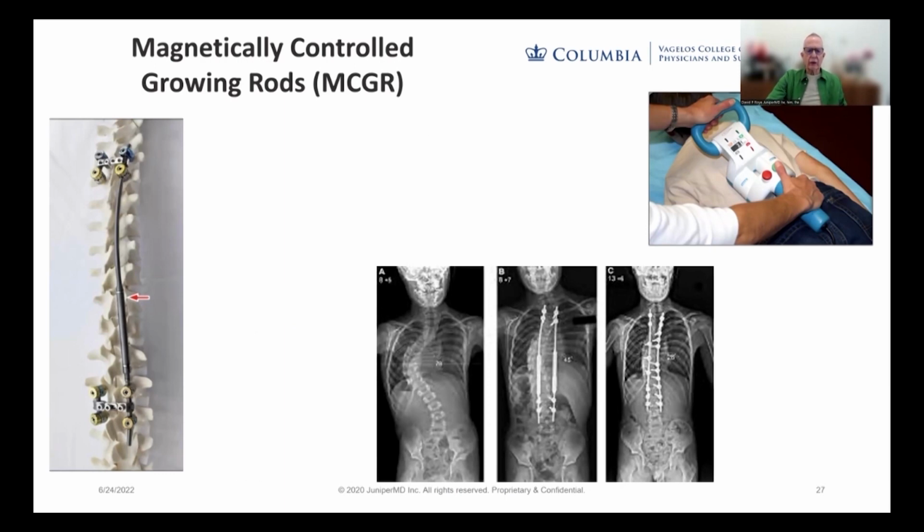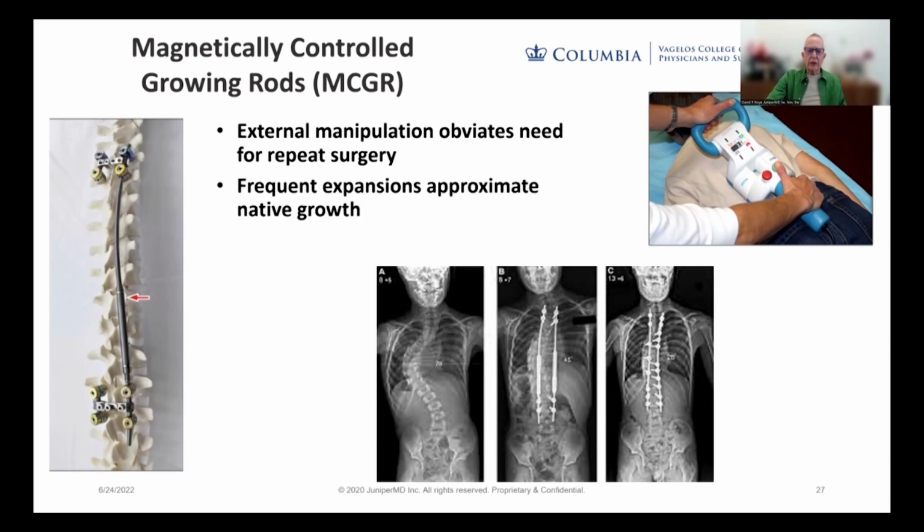Magnetically controlled growing rods, MCGR, use external manipulation, and that obviates the need for repeat surgery. Frequent expansions can approximate native growth, and it can avoid repeated surgery, which has the potential of creating PTSD.